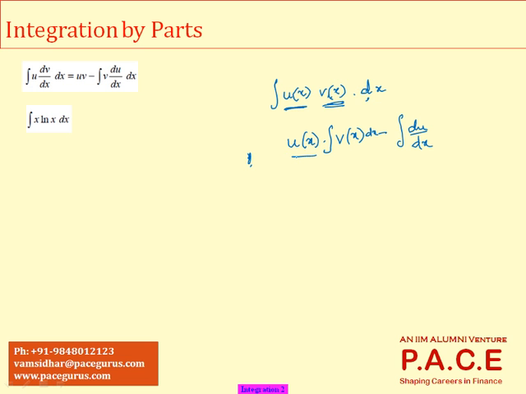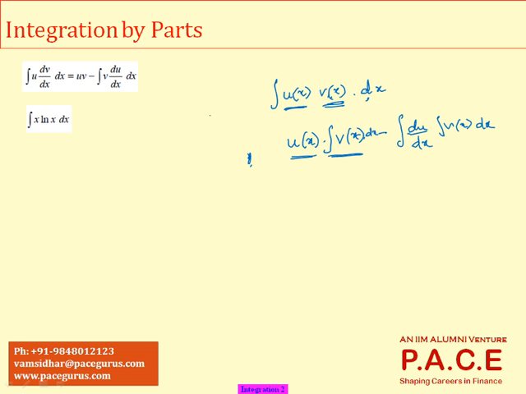First you take u of x as it is, do the integration of v of x, and after that you take the whole integral wherein you take the derivative of u of x and multiply it with the integral of v of x. This is what we call integration by parts.